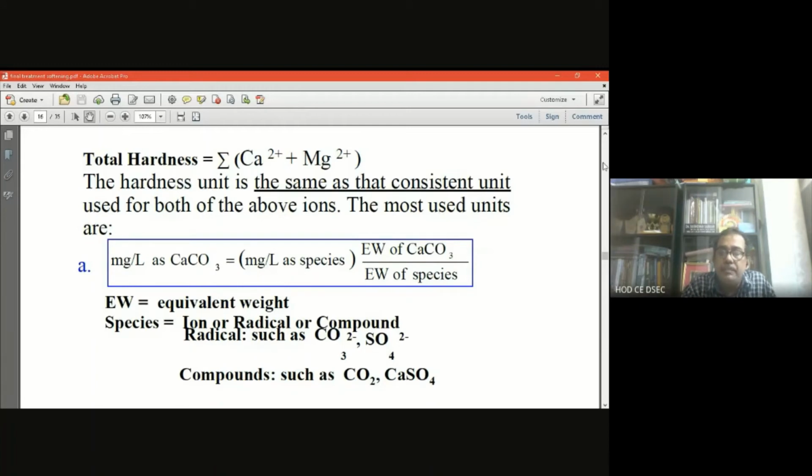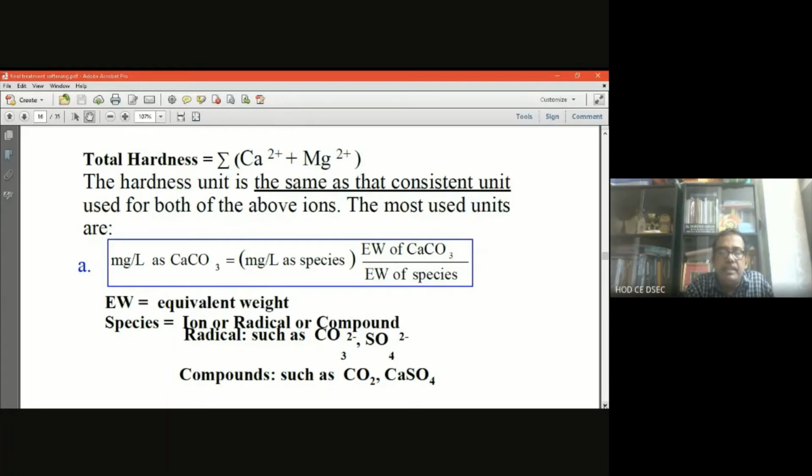So let me discuss: the equivalent weight of calcium carbonate is 50, because we know the molecular weight is 100: Ca 40, then C 12, so 40 plus 12 is 52, and 3 into 16 is 48. So calcium carbonate, what is the molecular weight? That is 100. And what is the valency? Calcium carbonate valency is 2. So what is the equivalent weight? Equivalent weight is 50, because 100 by 2 is 50.